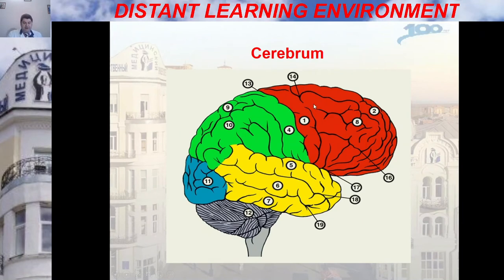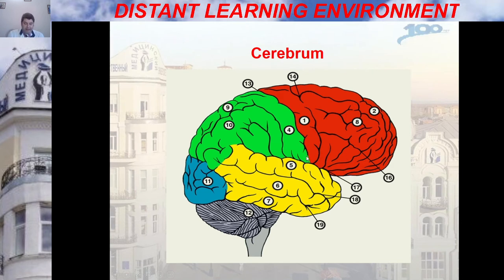So this superior lateral surface, you may see this surface here on this picture, is separated into lobes by three sulci. The lateral sulcus, or Sylvian sulcus, is situated between the green part, red part and yellow part, between the frontal, parietal and temporal lobes.